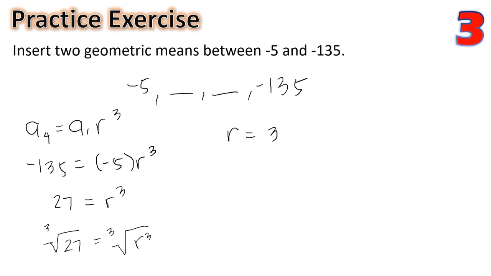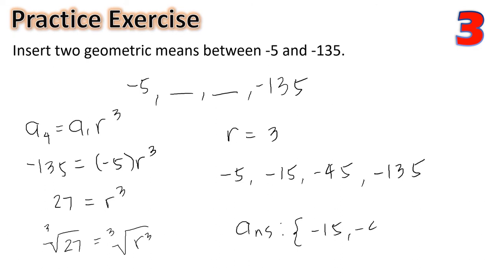Therefore, multiplying the preceding term by the common ratio, we'll have -5, the first term, times 3, that will be -15. -15 times 3, that will be -45. -45 times 3, that will be -135. We have a geometric sequence. Therefore, our answer, the two geometric means between -5 and -135 are -15 and -45.